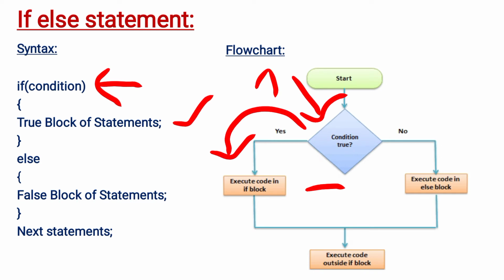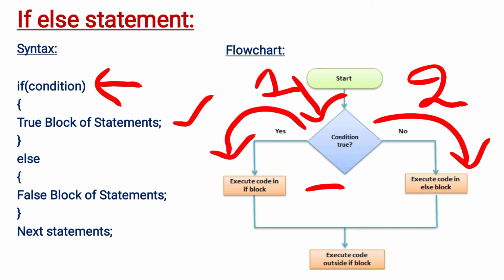This is the first case. In the second case, if the condition is false, then the control goes to execute the code in the else block, meaning the false block of statements will be executed if the condition becomes false.